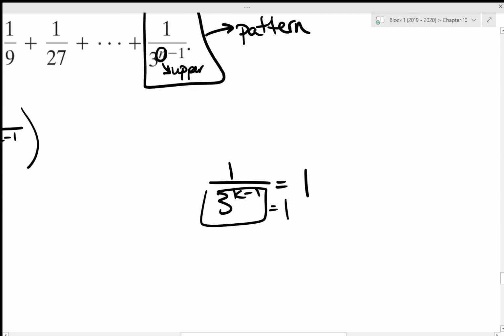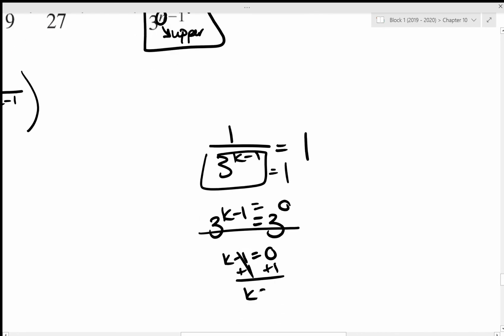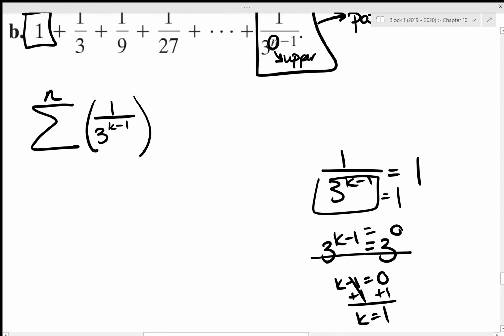Now, the only way for a number to any power to equal 1, it's going to have to be that to the 0 power, right? Anything to the 0 power is 1. So, my k minus 1 has to equal 0. So that means my k is going to be 1. So that's my lower limit.